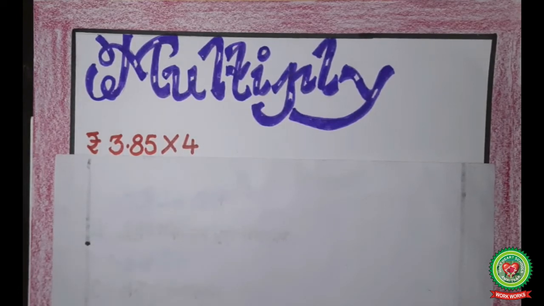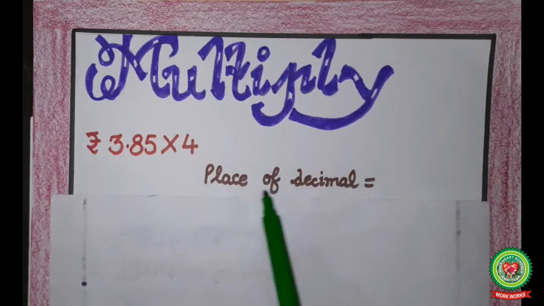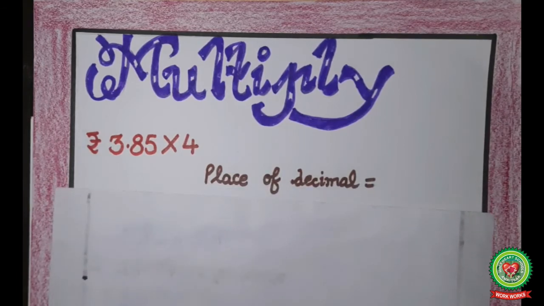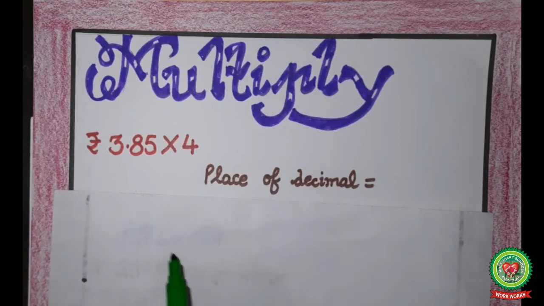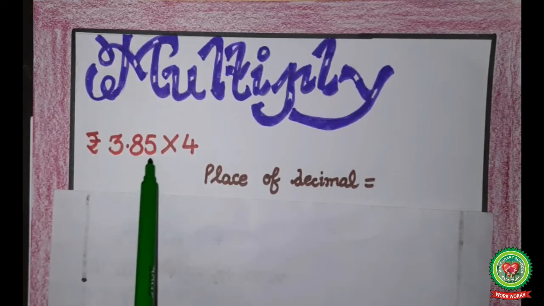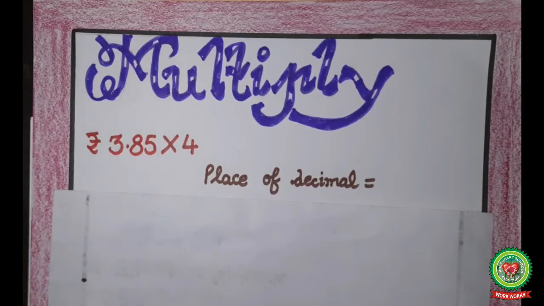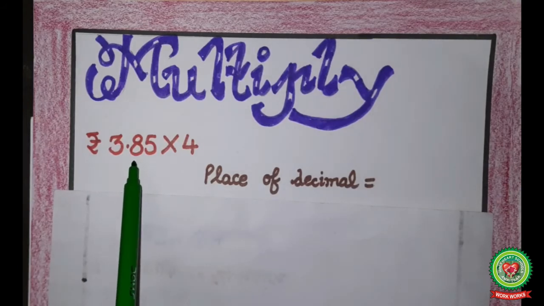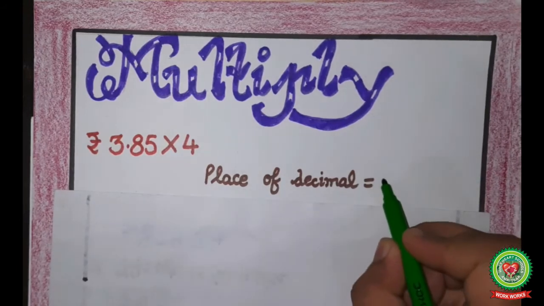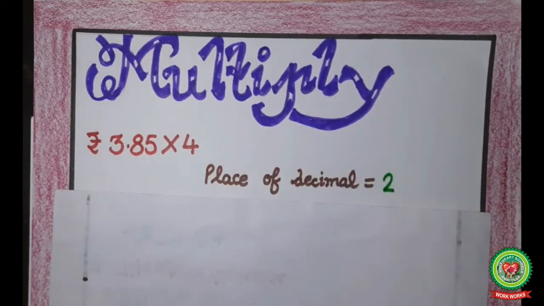For this we will write down place of decimal. Now what is the meaning of place of decimal? Place of decimal means number of digits after the decimal. Now let's count how many digits are there after decimal. 1 and 2. So place of decimal is 2.